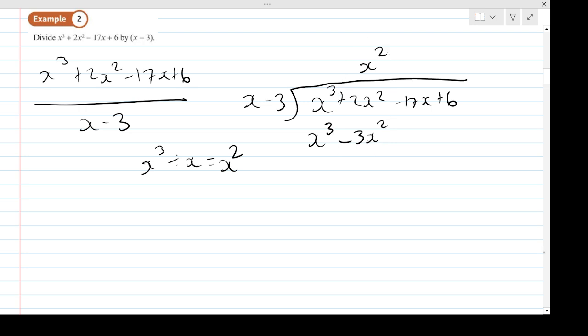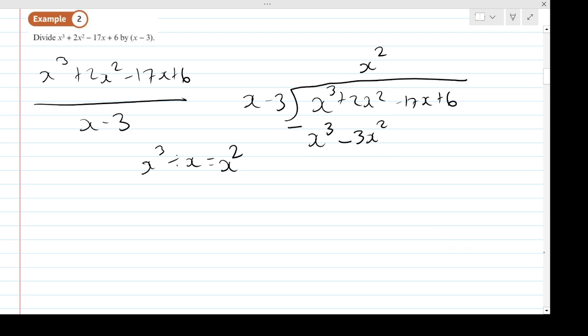Once we've got that, hopefully the highest power terms will be matching, and that will be important, because now I want to get rid of the x cubed terms. Think of these as sort of simultaneous equations. To get rid of x cubed, I'm going to subtract the equations.